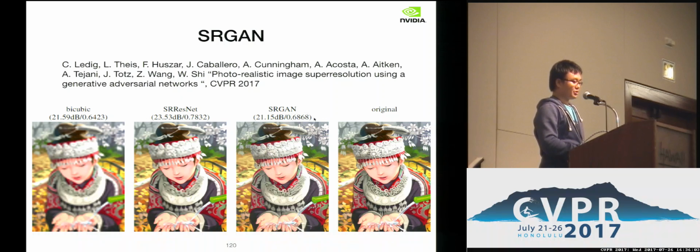But if you add a GAN loss, you can generate even more realistic images, even though the PSNR value or SSIM value is lower than the one without GAN, but it's more appealing to human viewers.